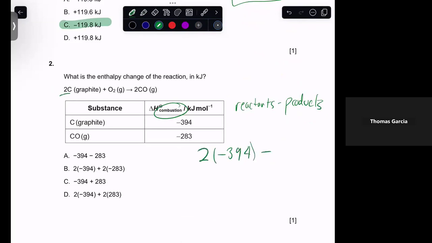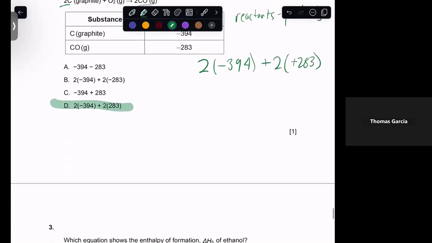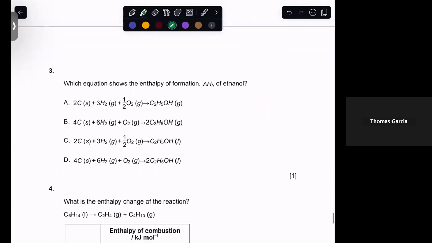And we're going to subtract our products, which again, we have 2 of it, so 2 times CO2, which is negative 283. The negative will cancel with the negative, and we will just end up with our answer as D, 2 times negative 394 plus 2 times 283.